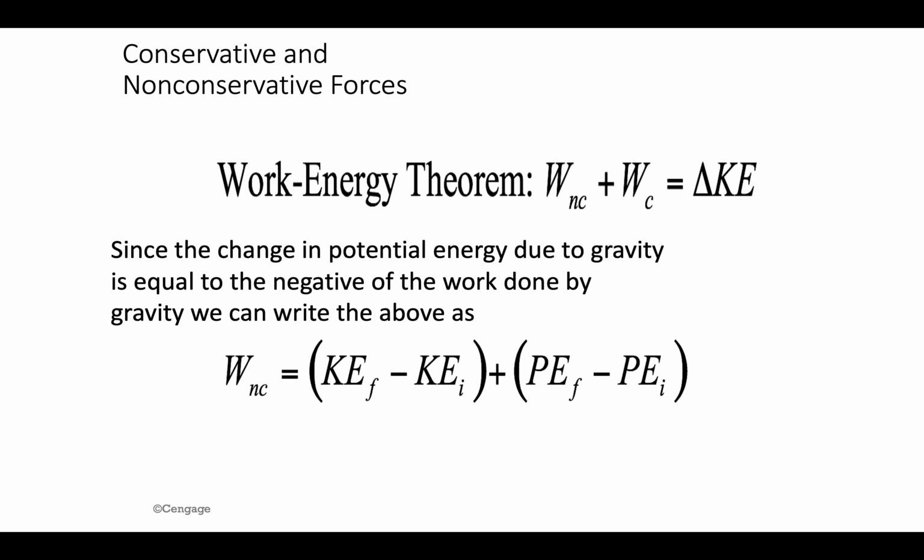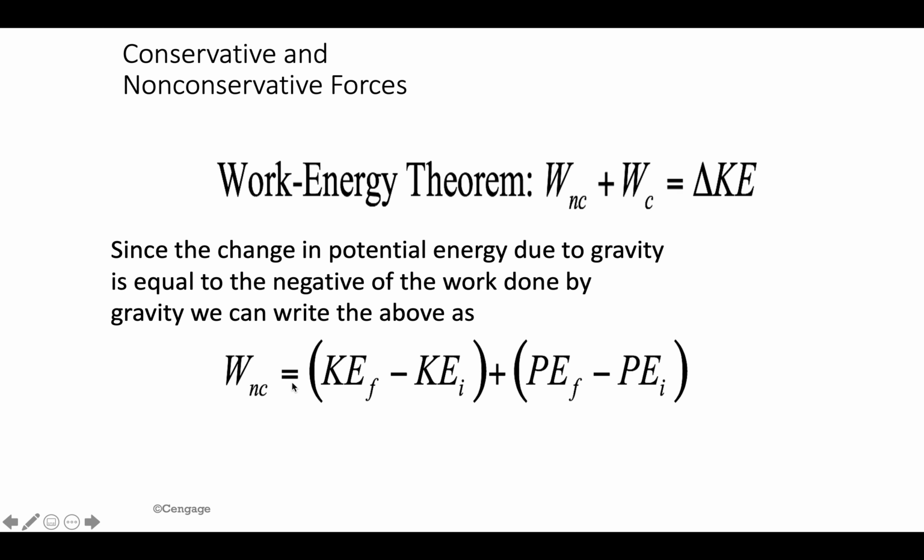So basically what we're saying is simply that if there is work done on the system, that work can go into two things. It can go into changing the kinetic energy by speeding it up or slowing it down, or in the case of gravitational potential energy, it can also go into lifting or pushing the object down in terms of gravity.